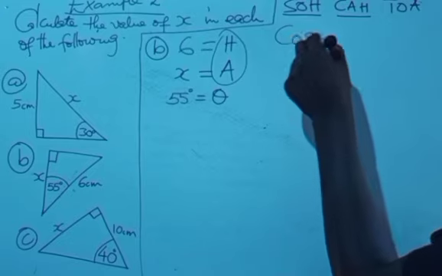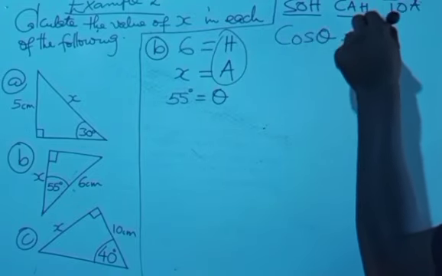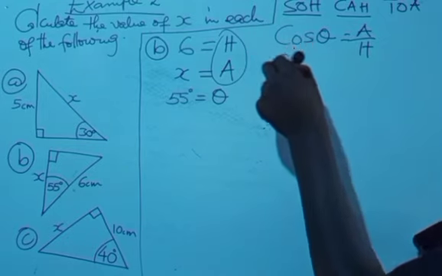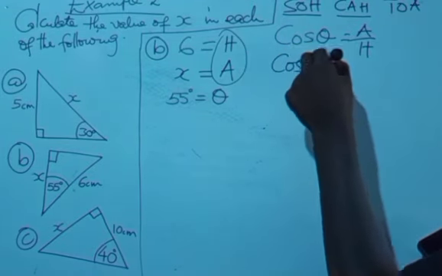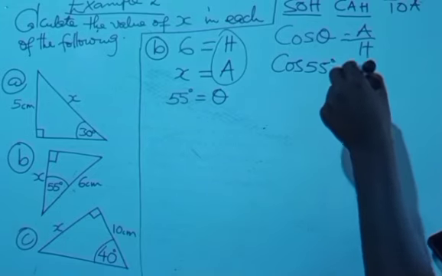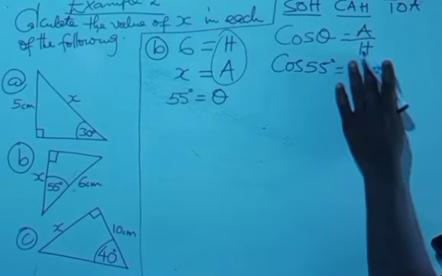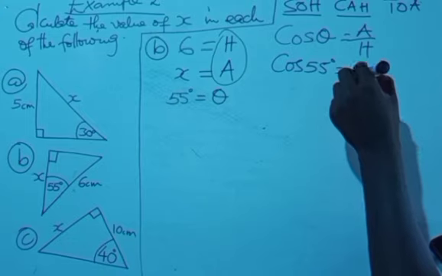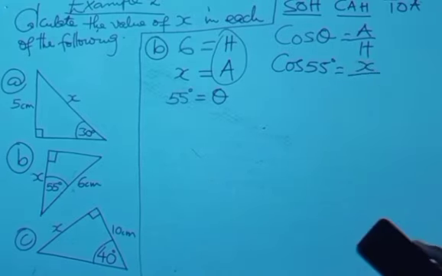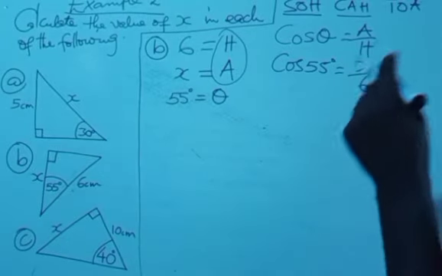So we're going to have cos theta is equal to adjacent over hypotenuse. So cos 55 degrees is equal to adjacent, which is x, over the hypotenuse, which is 6.